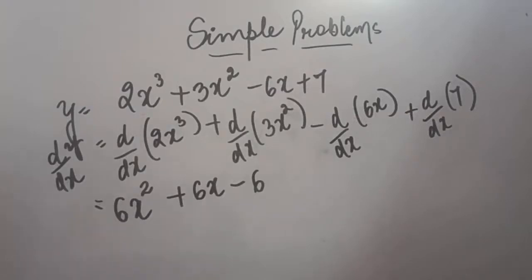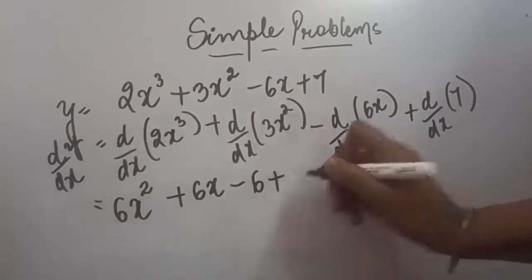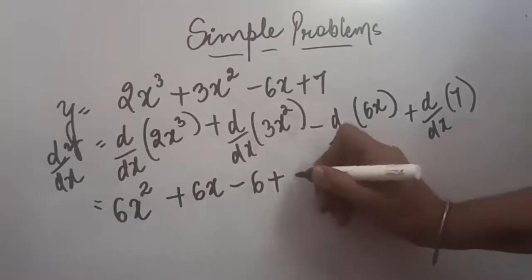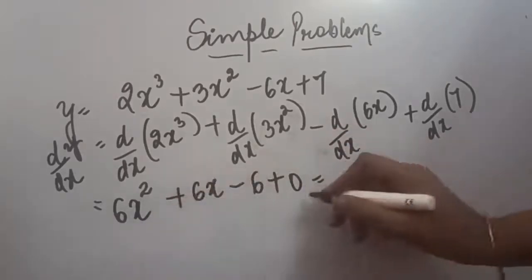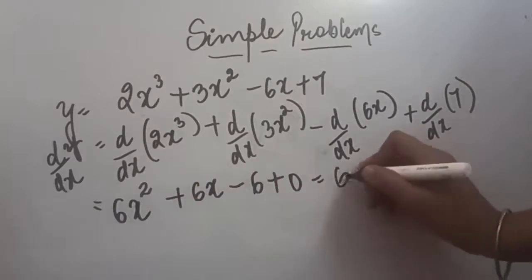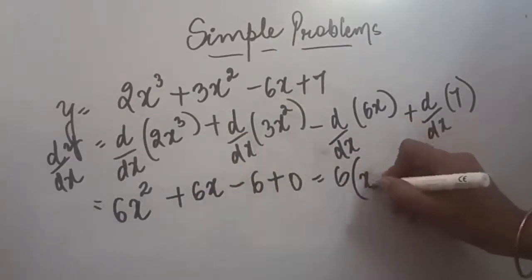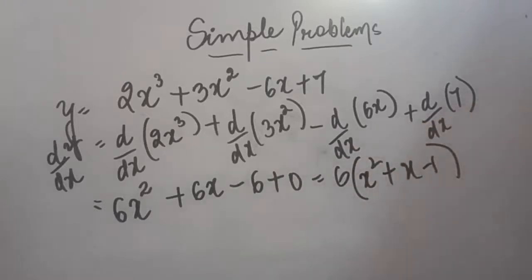We know that anything having power 0 is always equal to 1, so 6 into 1 will be 6 only, and plus the derivative of a constant. Now here 7 is a constant, so the derivative of a constant is equal to 0. If we want to solve this further, we can take 6 common, and taking 6 common, it will be x square inside, plus x minus 1. So this is how we can write our answer.